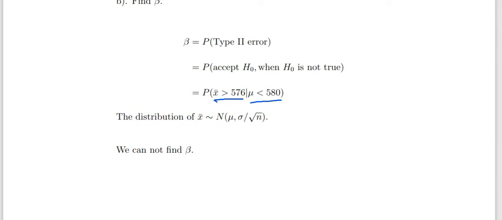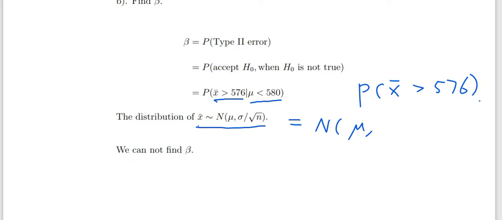So we want to find the probability that x bar is larger than 567. We need to know the distribution for x bar. So x bar follows a normal distribution with mean mu and standard deviation sigma over radical n.